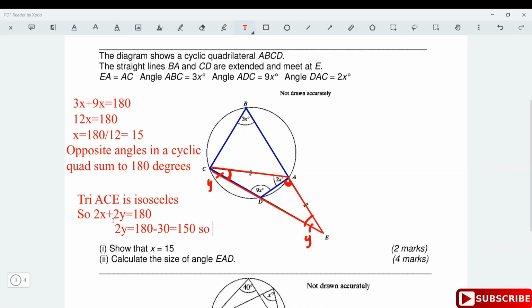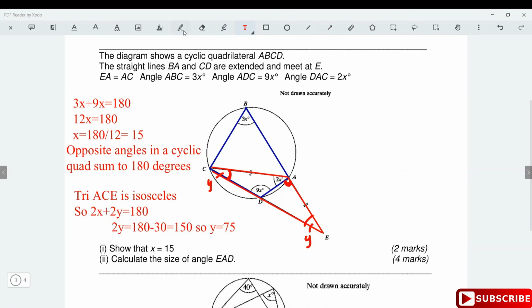And so y must be 75. Y is 75. Now, this angle right here is 75, right? We know that this angle is now 75. Now we need to get this angle, EAD. We need to get this angle right here.